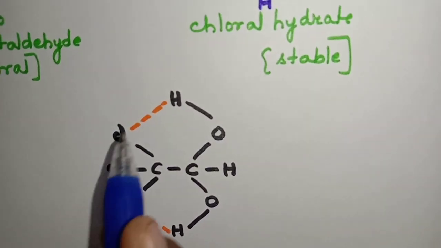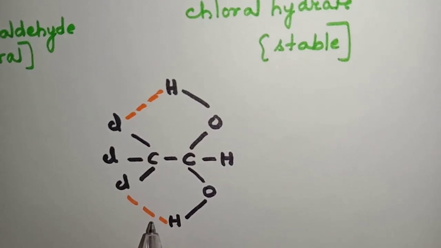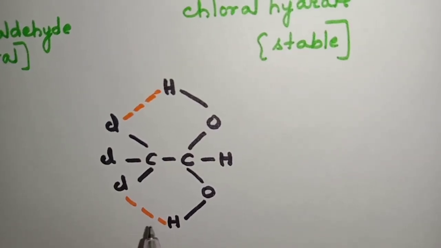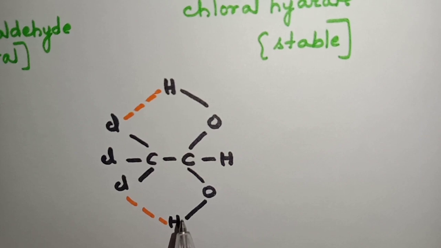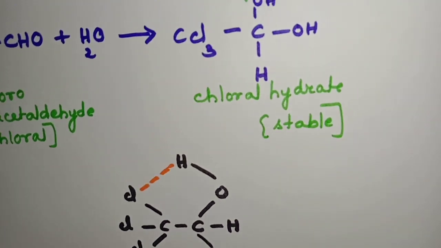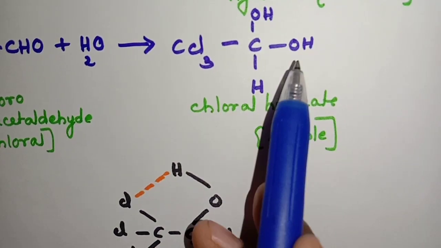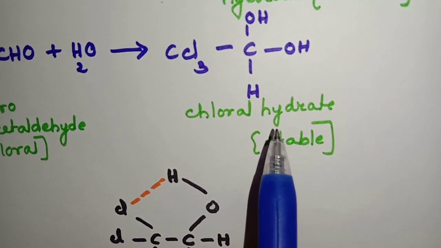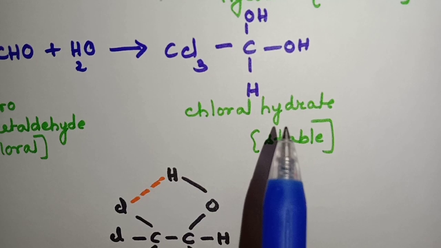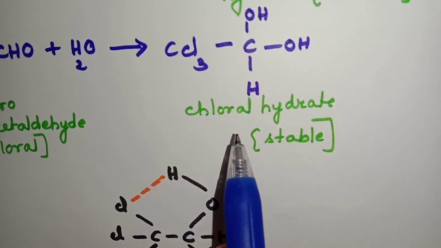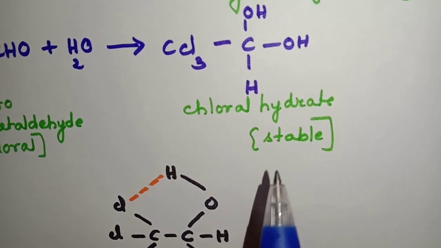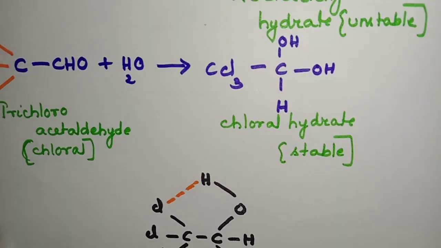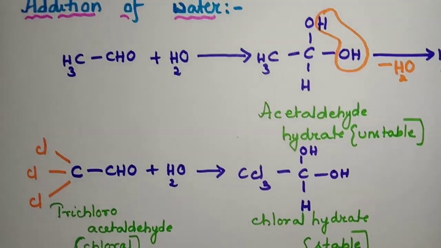So internally in this molecule there exist hydrogen bonds which make it more and more stable, and because of that water molecule cannot be removed. We say that removal of water molecule from this is highly difficult. That means it is impossible. So that's the reason you should mention while writing addition of water.